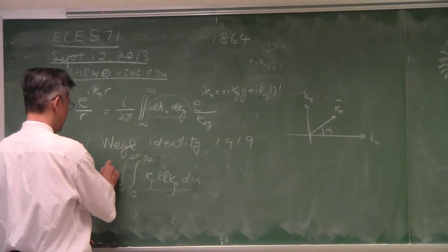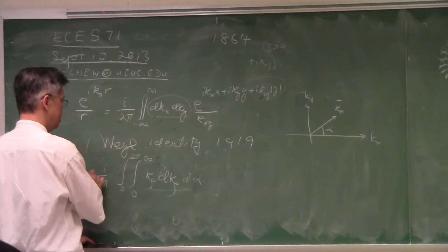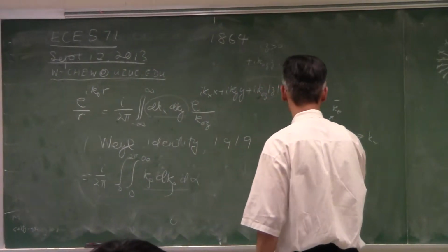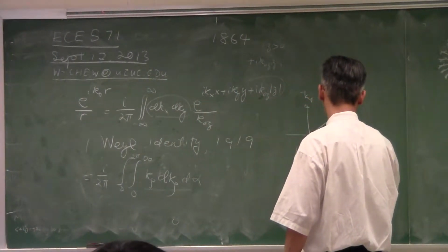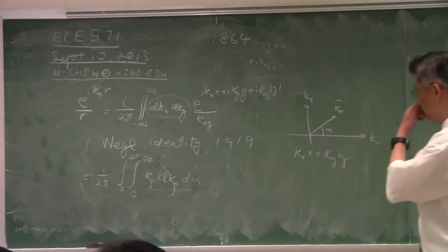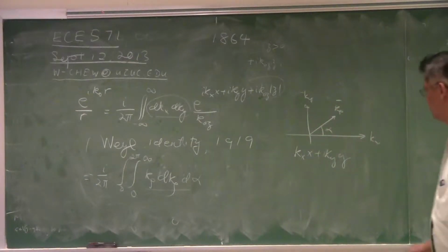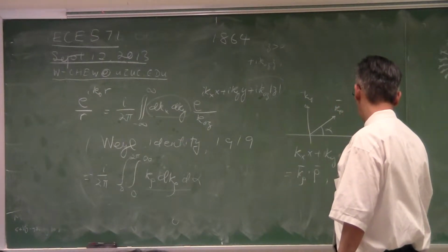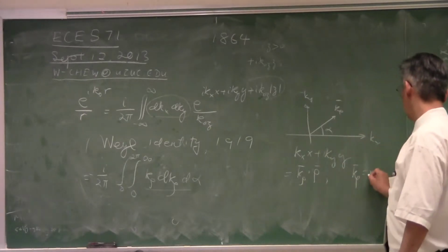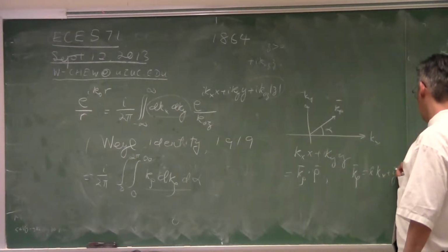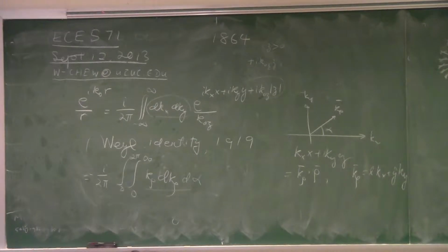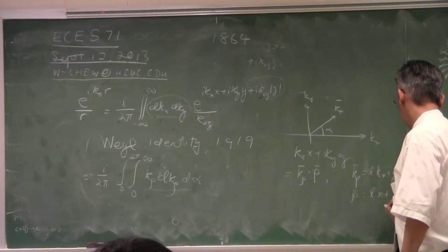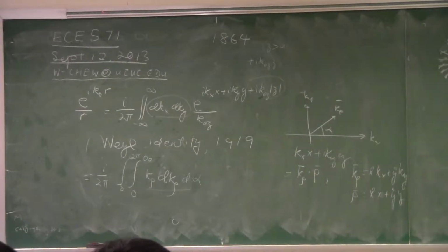And then this will be equal to 1 over 2 pi with this thing. So let me do a conversion now. This is actually kx x plus ky y, which would be just k rho dot rho, where k rho is x kx plus y ky, and rho would just be x x plus y y.